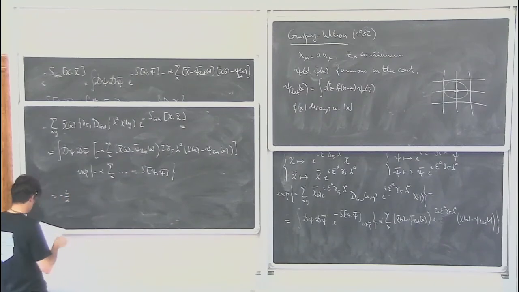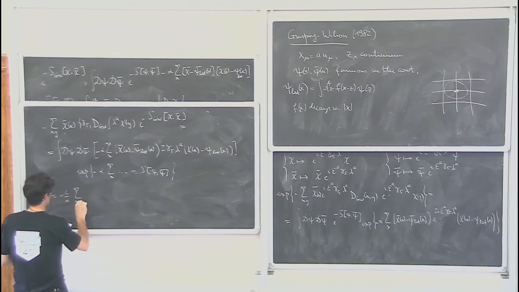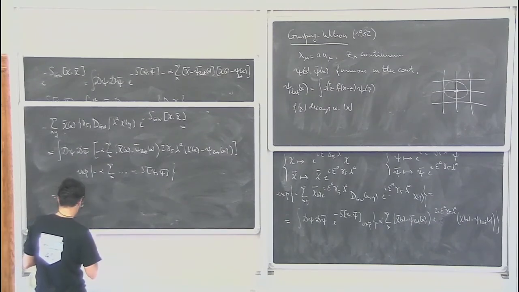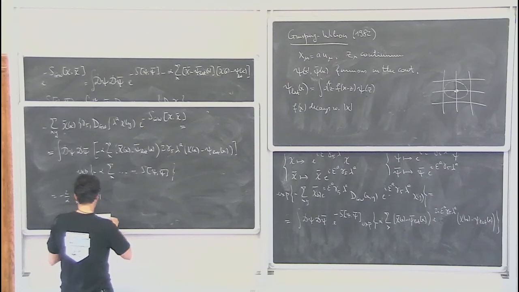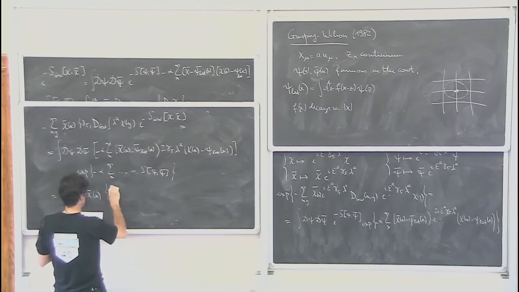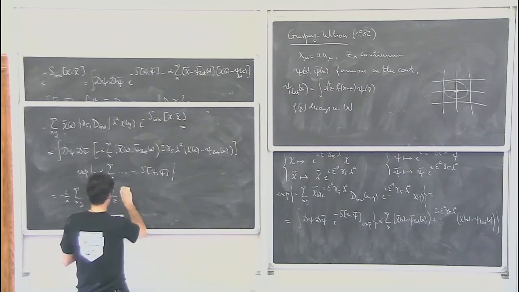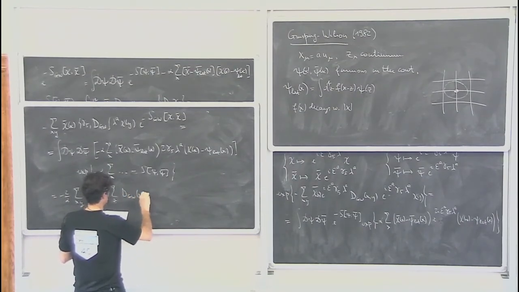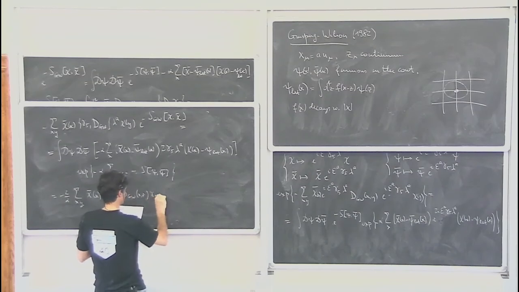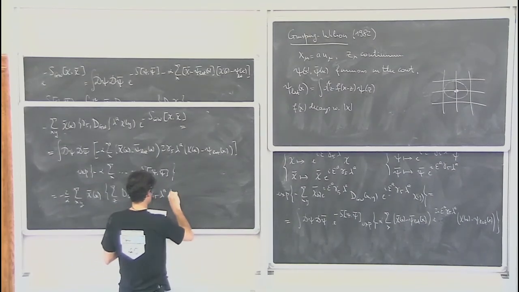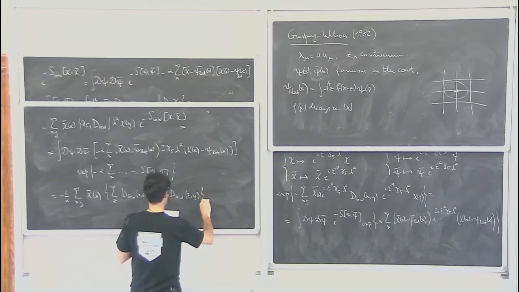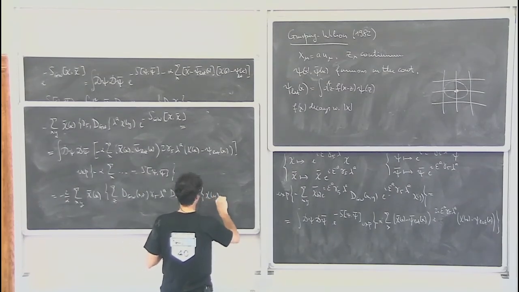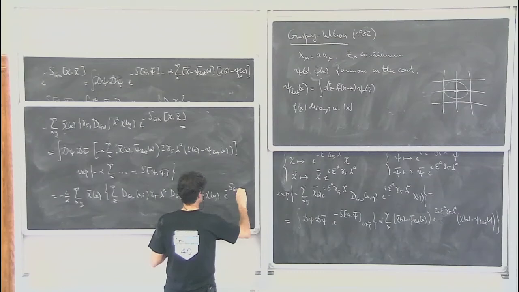minus 2 over alpha times the sum over x and y of chi bar of x, and then we get the sum over z of D_GW x z gamma 5 lambda a D_GW of z and y, like that, times chi of y times e to the minus S_GW of chi and chi bar.